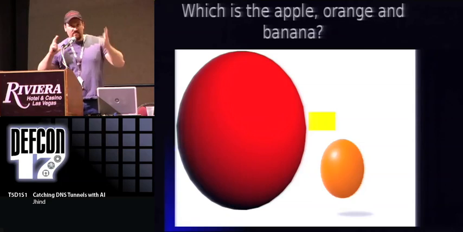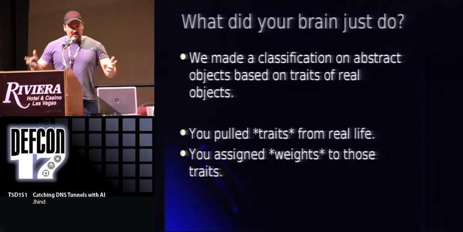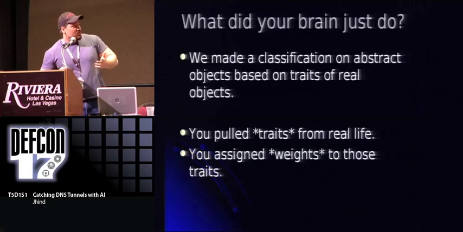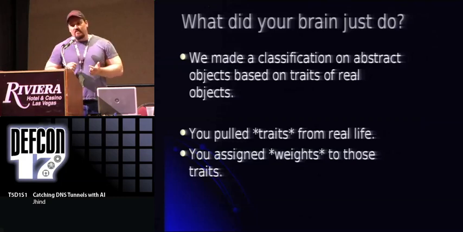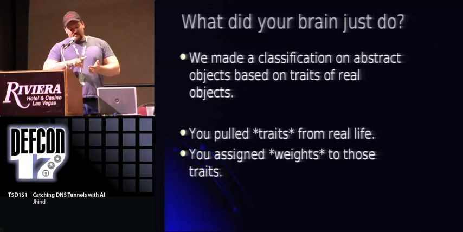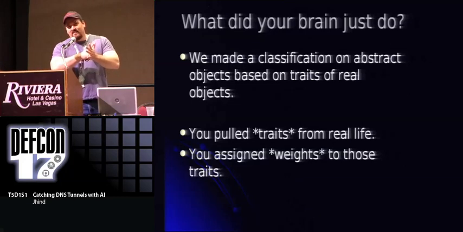So what did your brain do there? Well, here's kind of how your brain works. You thought about the real objects, like an apple, and you said, well, an apple's red, and it's delicious, and it's sweet, and it's crunchy, and it's round. And then you thought, 3 of those don't even matter, so you threw those 3 away.